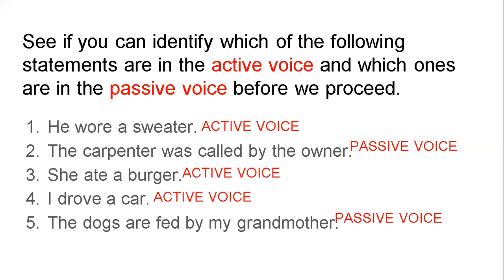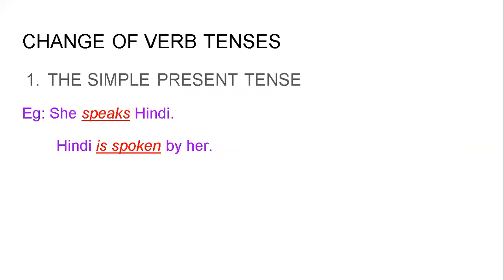You are great. Now, this is how the verb tenses have to change. Please pay very careful attention. If you have a verb in the sentence that is written in the simple present tense, like she speaks Hindi, it will change to Hindi is spoken by her. As you can see, the helping verb is very much there.